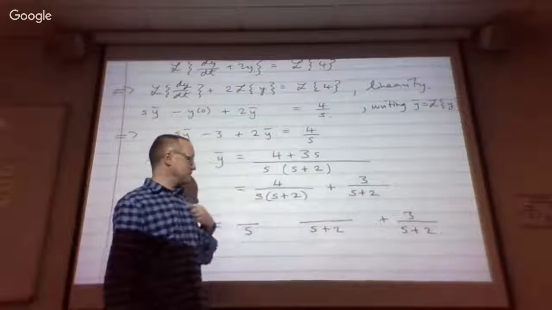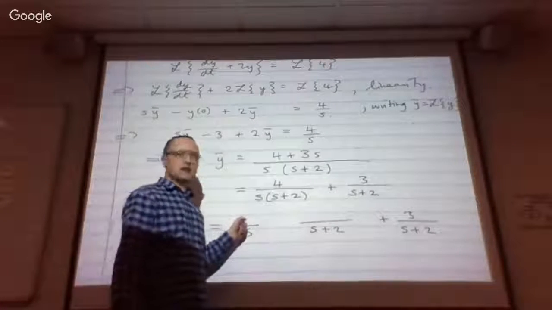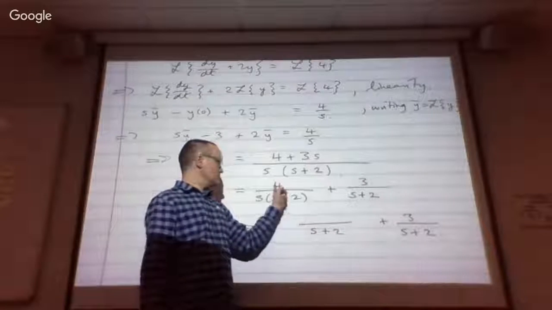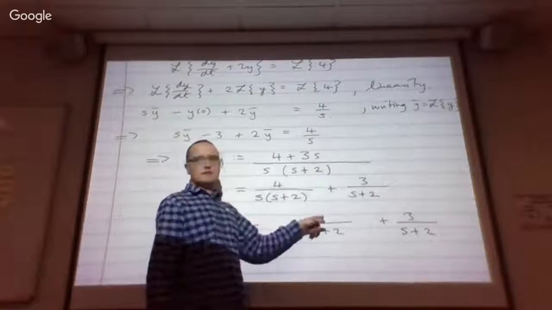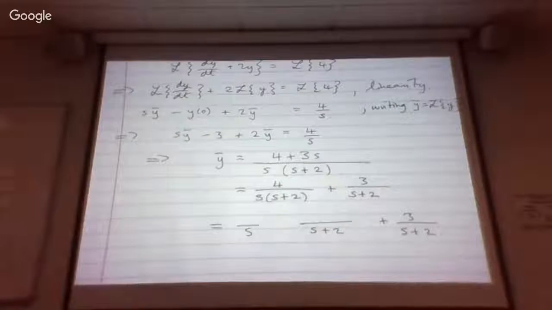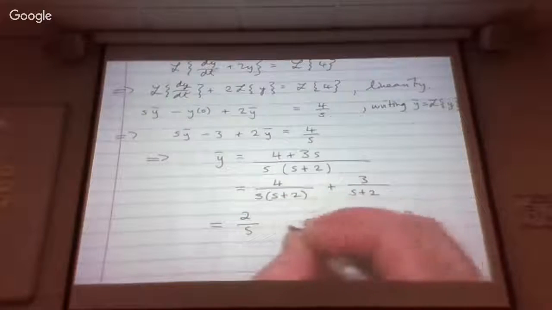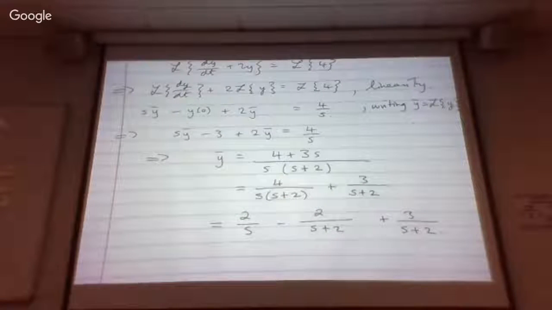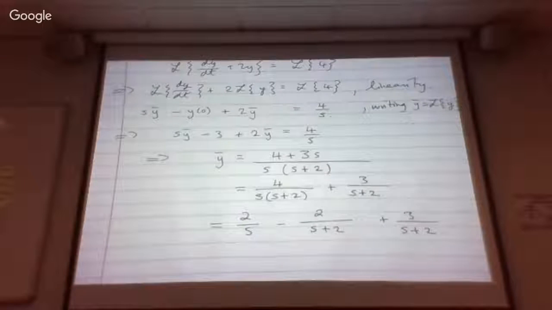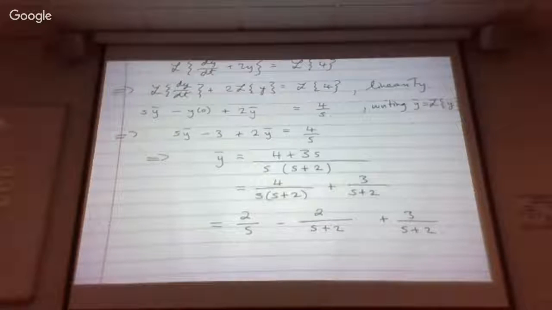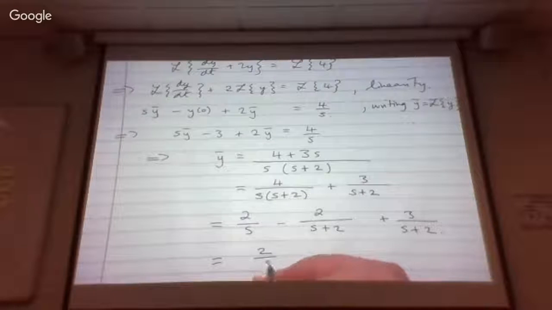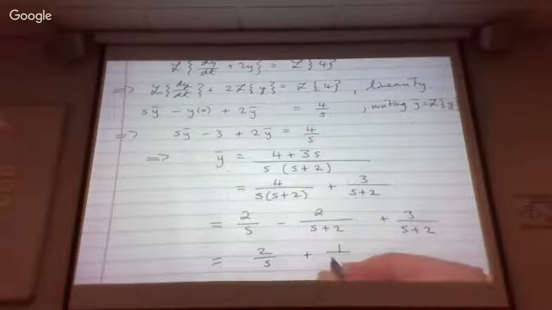And if you want to end up with 4 here, just have a plus 2 here. 2 times that 2 will give you the 4. So if you've got a plus 2 here, you have to have a minus 2. And that simplifies to 2 over s plus 1 over s plus 2.